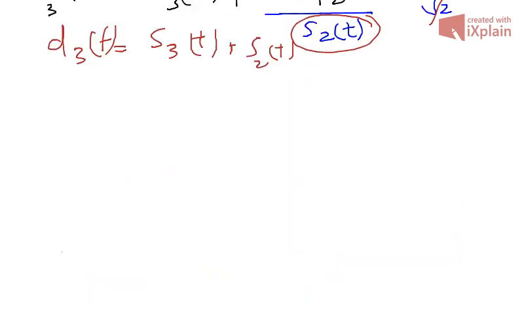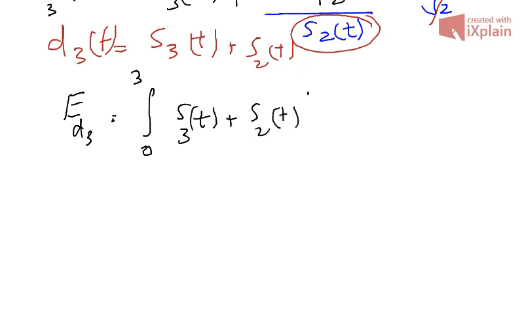You can draw D3, but we are interested in finding its energy, so let's find the energy of D3. Energy of D3 would be equal to the integral of its square, from 0 to 3, of S3 of t plus S2 of t, squared, dt.